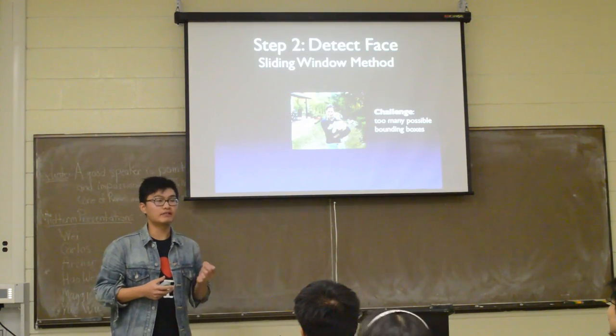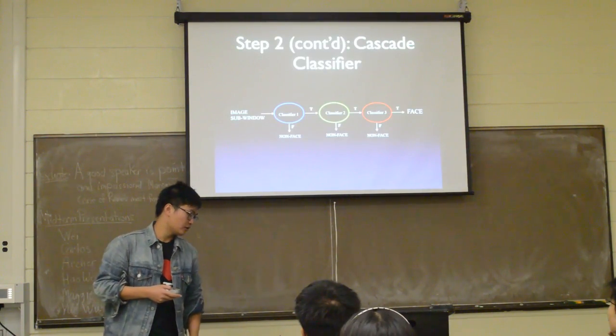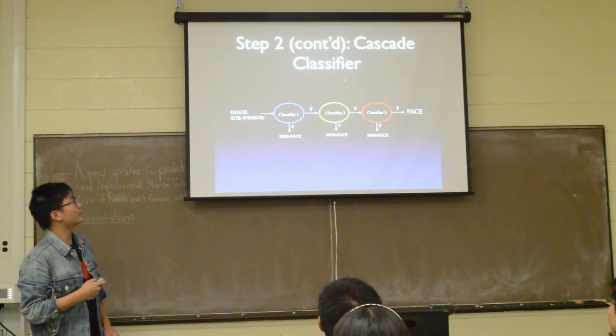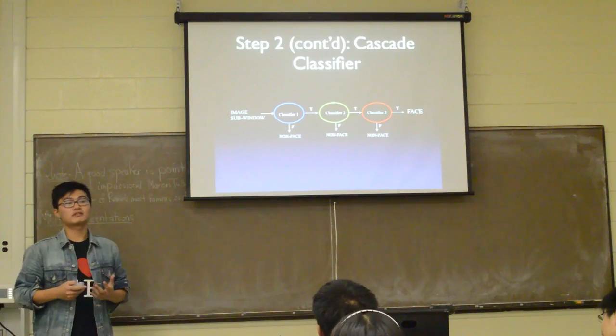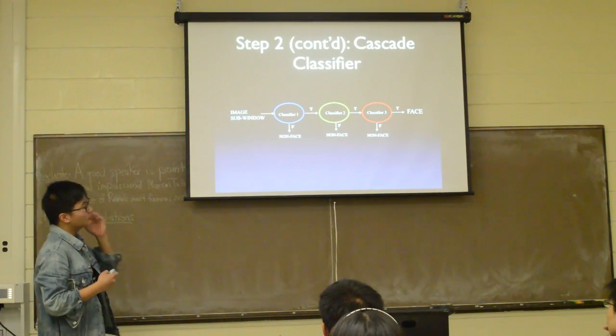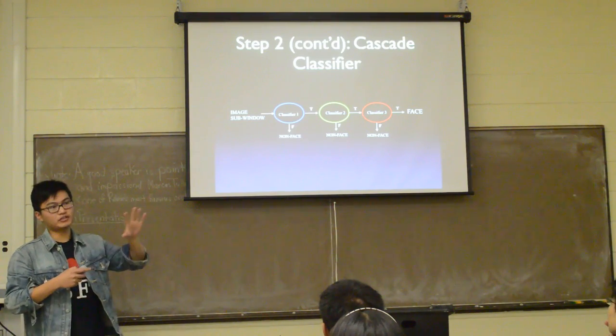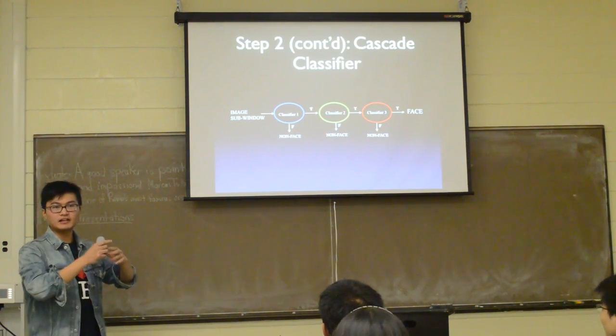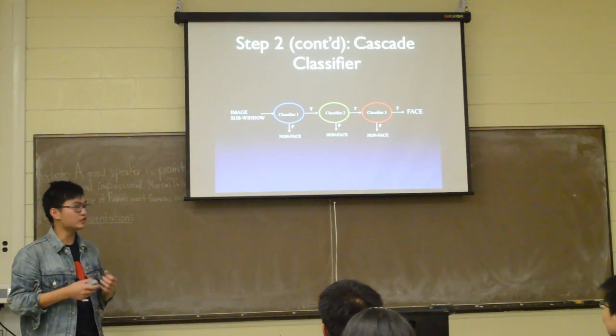And how can we make it even faster and more efficient? We use a method called cascade classifier. The idea is also very simple. You think of your input as all possible patches from the image, like different size, different ratio, and different position.